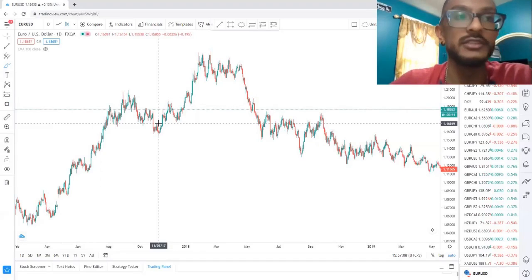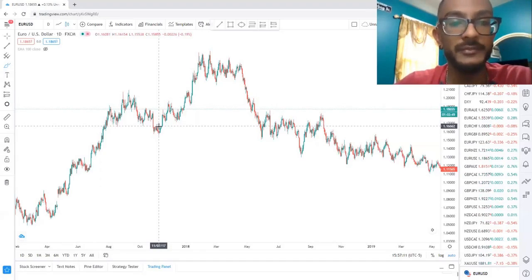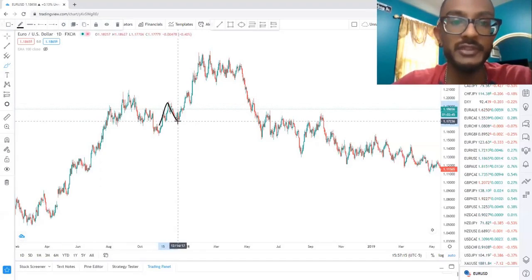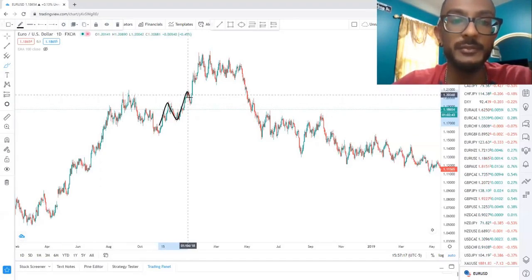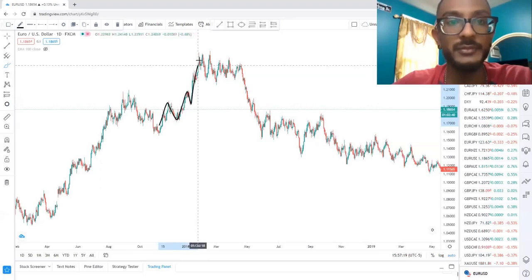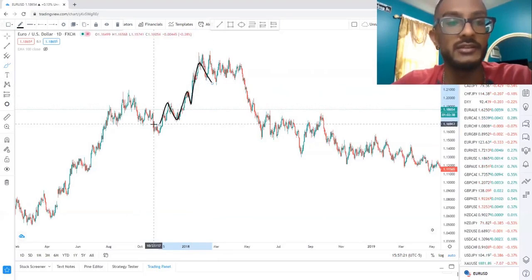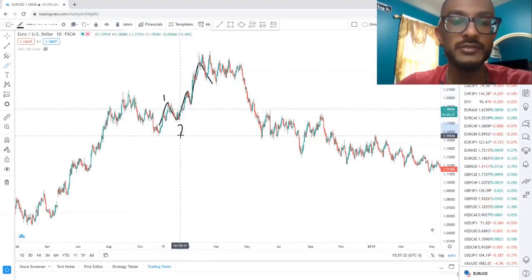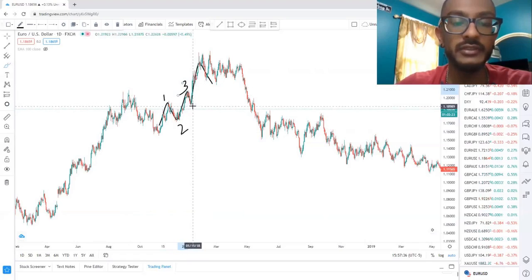So let's take a look at AUD/USD on our daily time frame. You can see the waves in this uptrend, right? The move up, the pullback, the move up, the pullback, the move up, the pullback. This would be 1, 2, 3, 4, and 5.